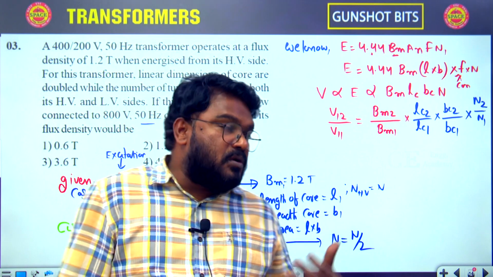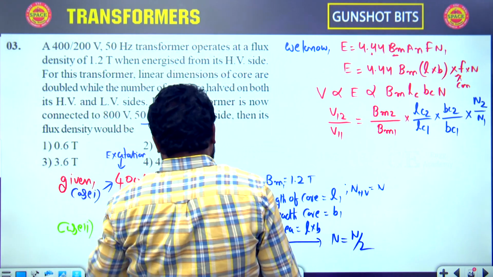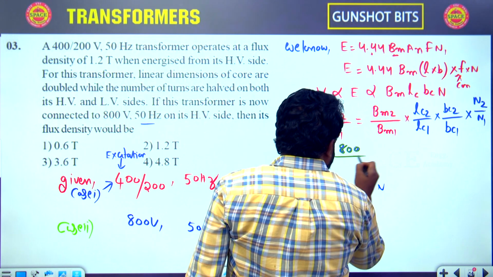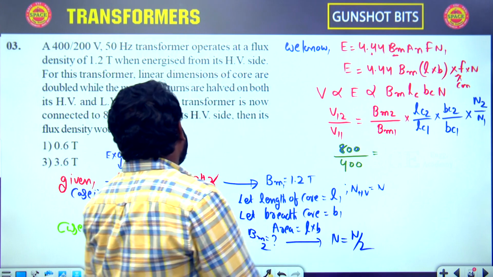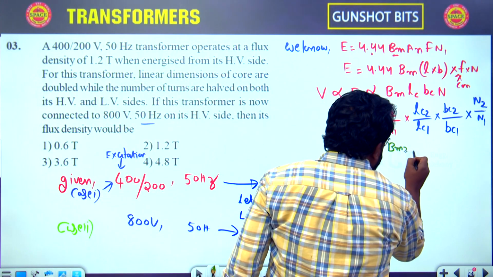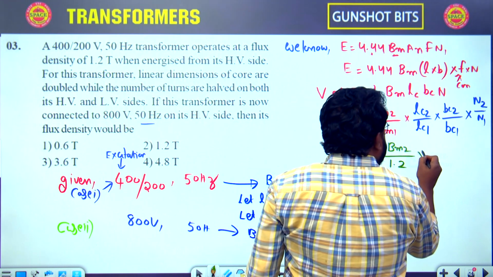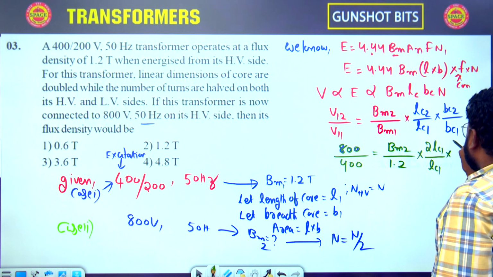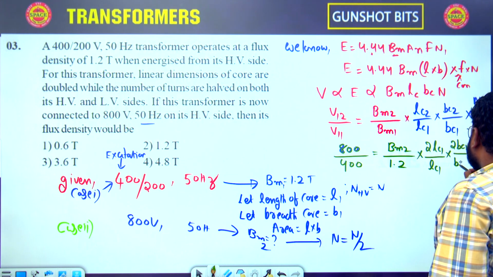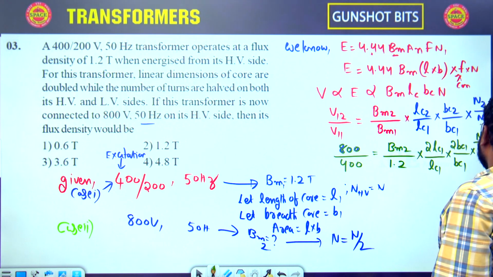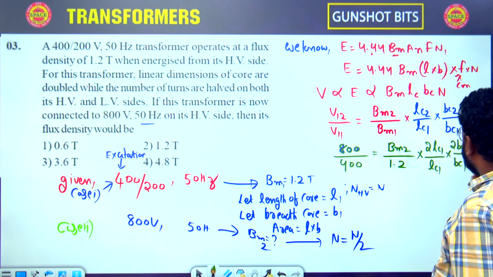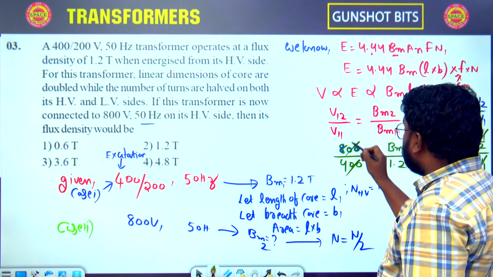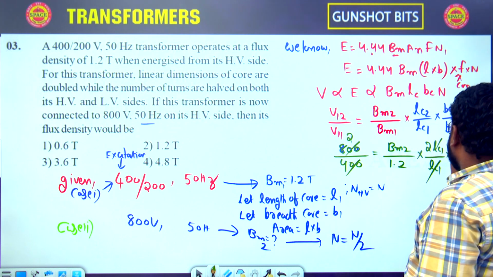Now let us substitute all the given values in this equation. What is the applied voltage in case 2? 800 volts, so 800 divided by 400 is equal to flux density 2, which we need to find out, divided by 1.2 Tesla, multiplied by 2 LC1 divided by LC1, into 2 BC1 divided by BC1, equal to n by 2 divided by n1. Here the n1 terms cancel out, and the 2 also cancels out.